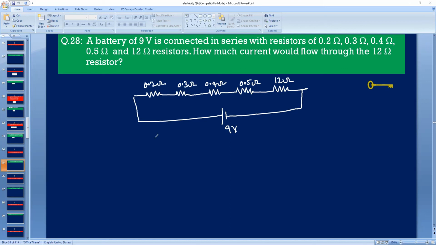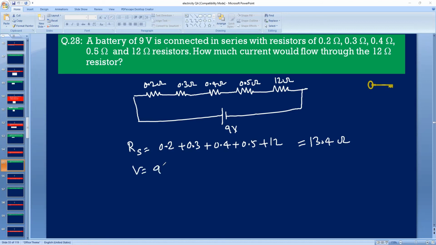So to find out the current value, the total resultant resistance in series RS is equal to 0.2 ohms plus 0.3 ohms, 0.4 ohms, 0.5 ohms and 12 ohms. Now 0.2 plus 0.3 is 0.5, 0.5 plus 0.5 is 1, 1.4, 13.4 ohms is the total resultant resistance.